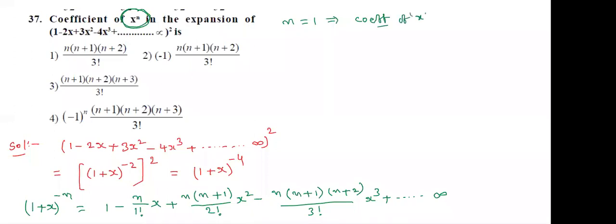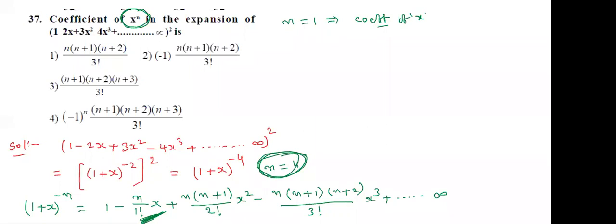Students, observe that the power is 4. Coefficient of x, substitute here. Here it is a different method. The power n and x power n, both are different. Okay, once see. What is the coefficient of x? Here n value is 4 by observing the formula.